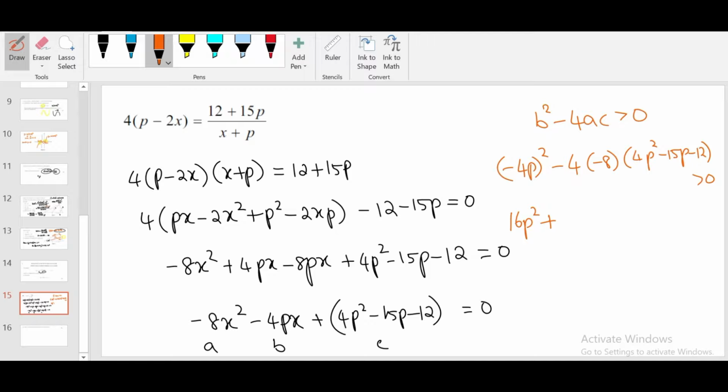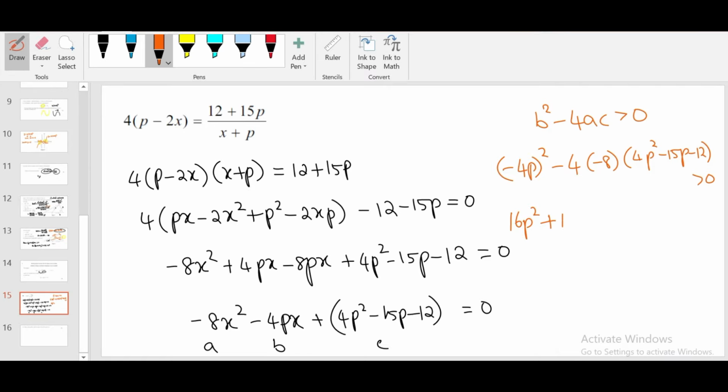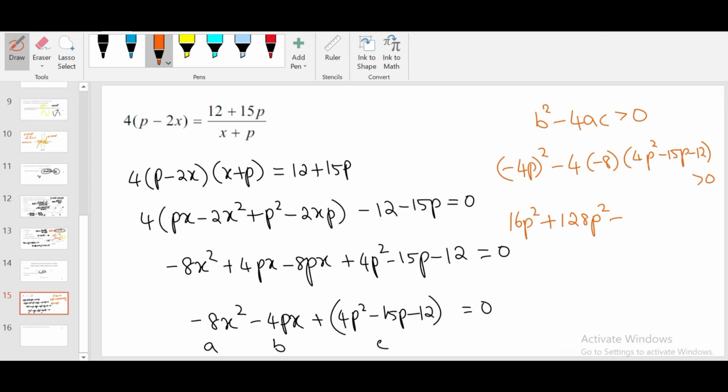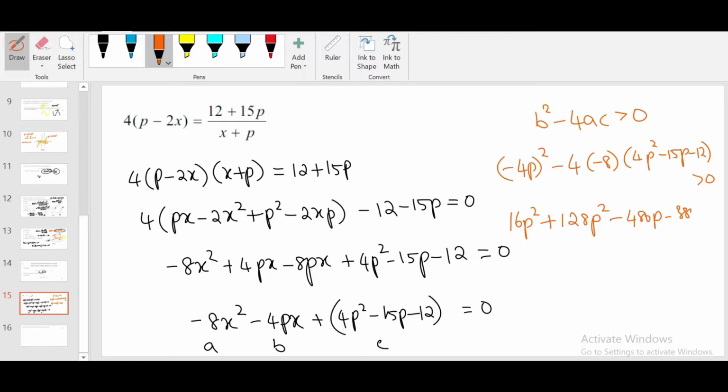Take 32 and multiply. 32 times 4, 128, p square, minus 32 times 15, 480, p, minus 32 times 12, 384, is greater than 0. But look at the answer.